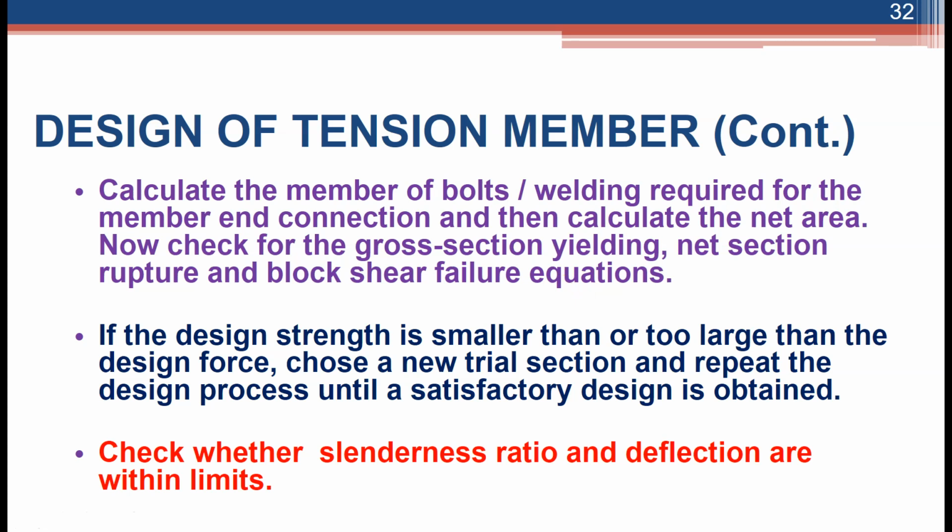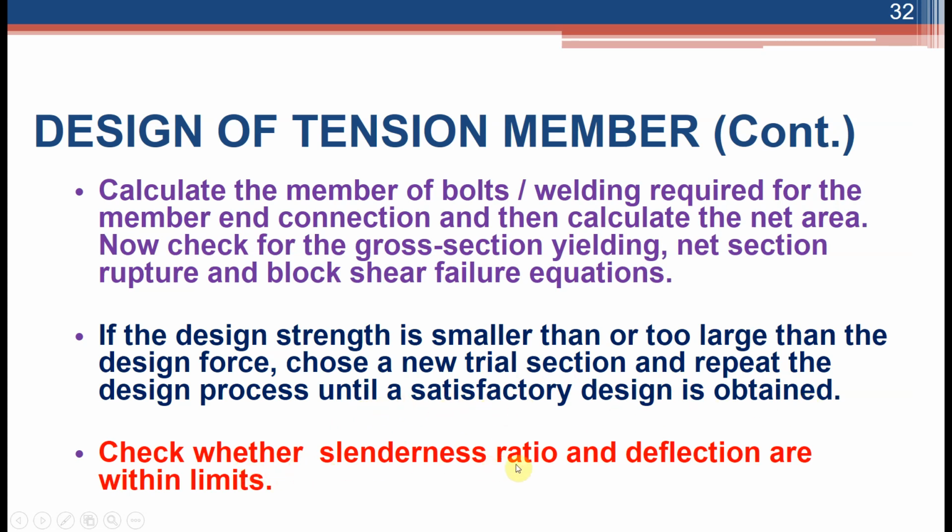You have to find out its cross section yielding, net section rupture and block shear failure equations or failure loads. If the design strength is smaller than or too larger than the design force, choose a new trial section and repeat the design process until a satisfactory design is obtained.